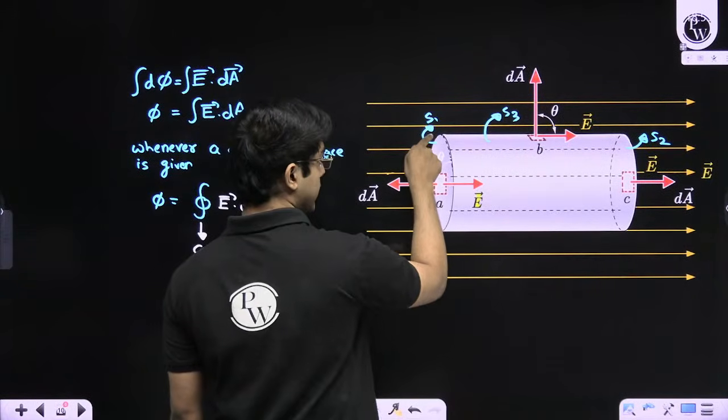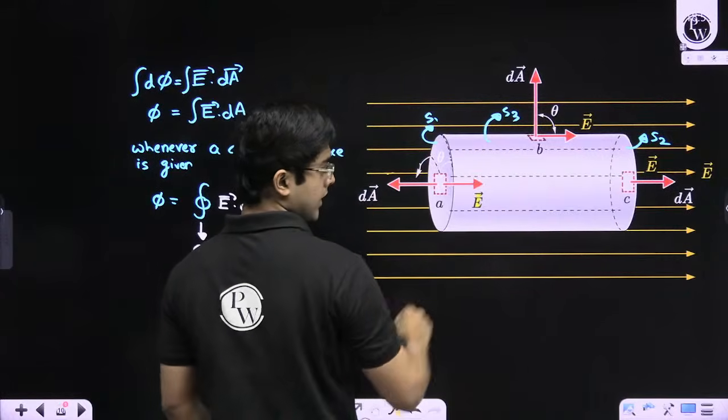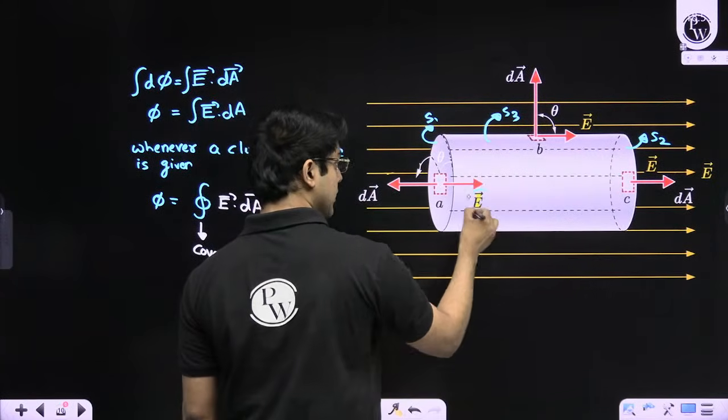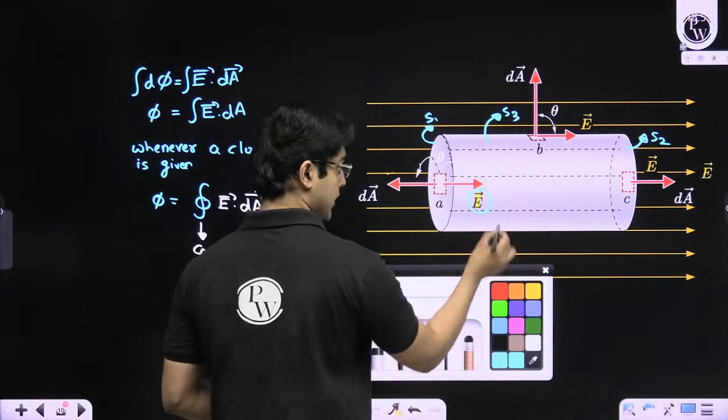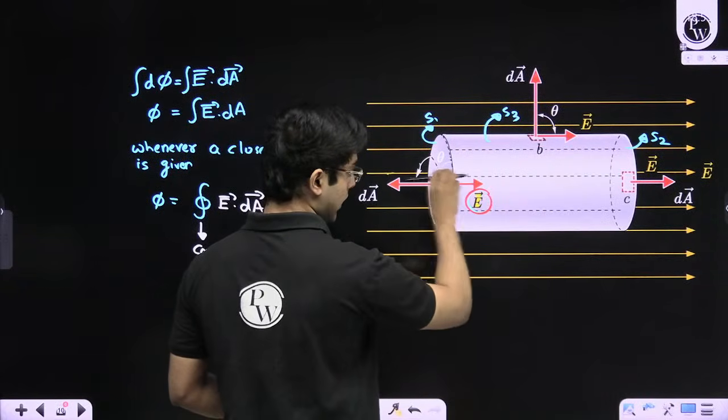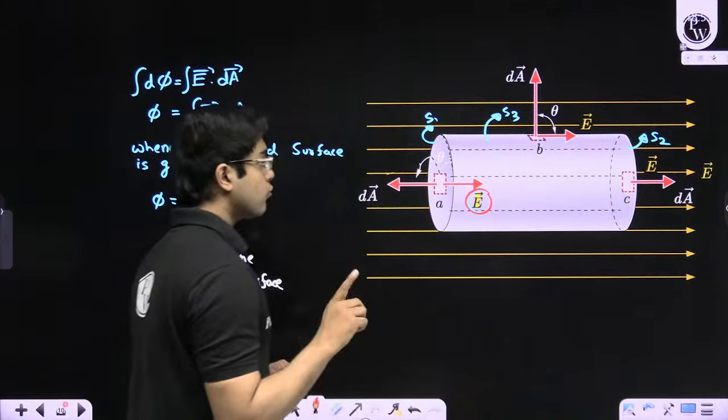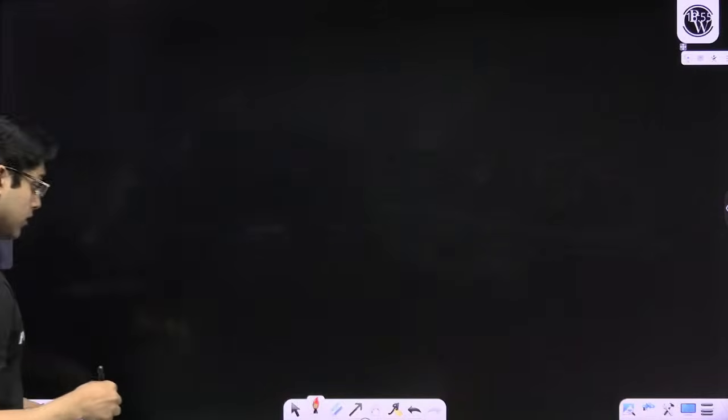The flux through surface S1 is easy because this yellow line is the electric field. That is going to be E itself, and E is in the rightward direction. There is one more rule, okay? There is one more thing.